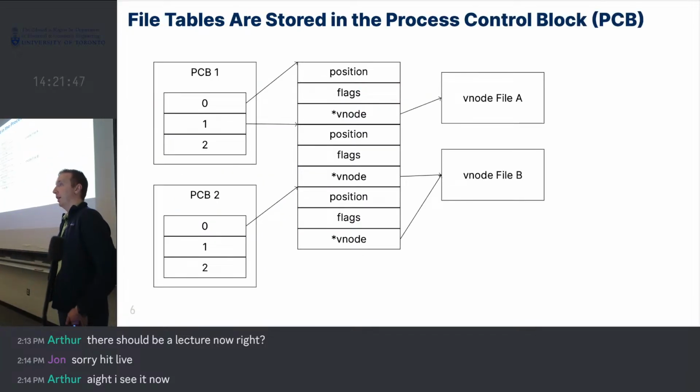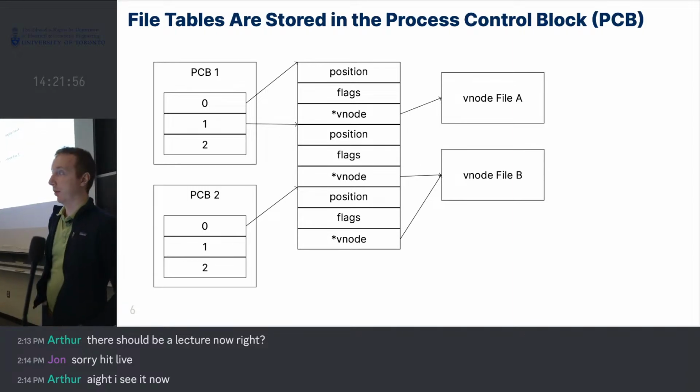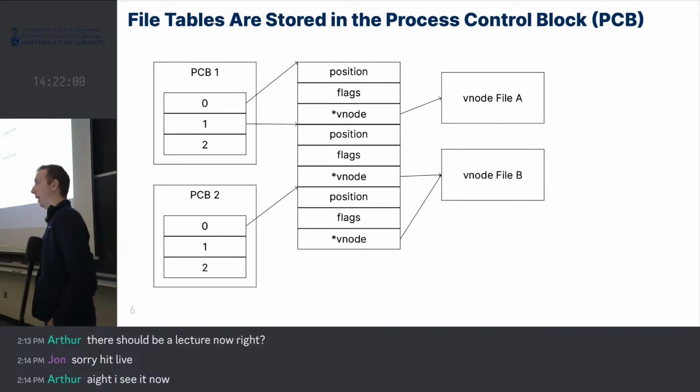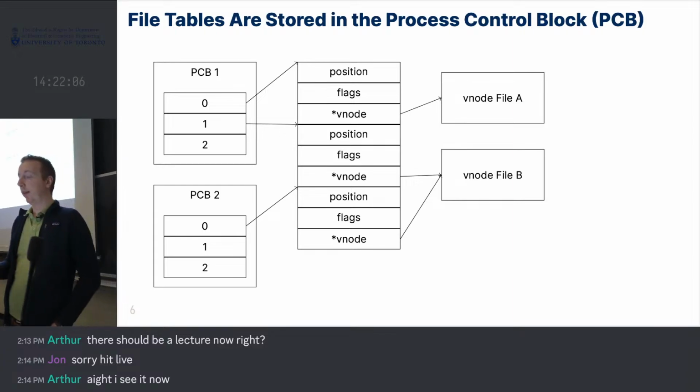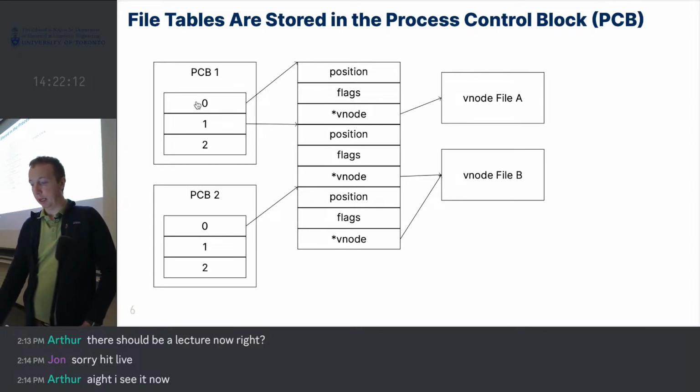So here is what is stored in the process control block. Remember, that's information about your process. So that would be the process's page tables, its threads, and its open files I just said before. So here is where we become explicit. Inside your process control block, there's going to be open files, and they're just going to be a big array.